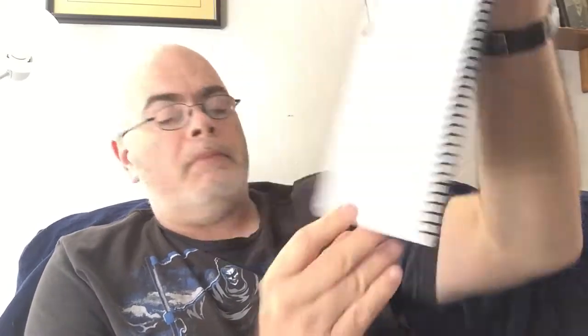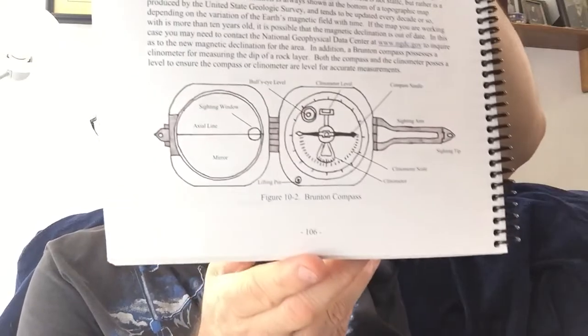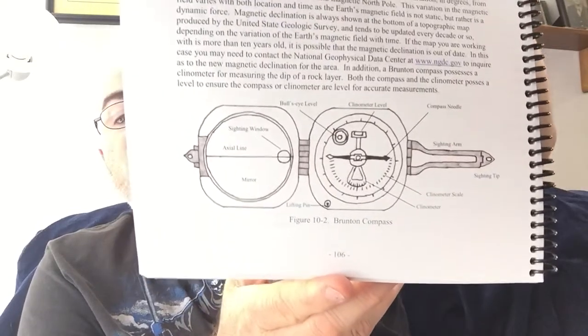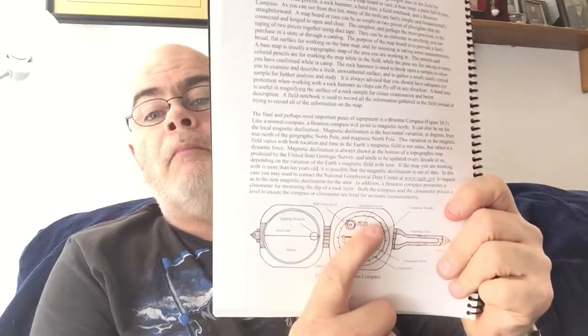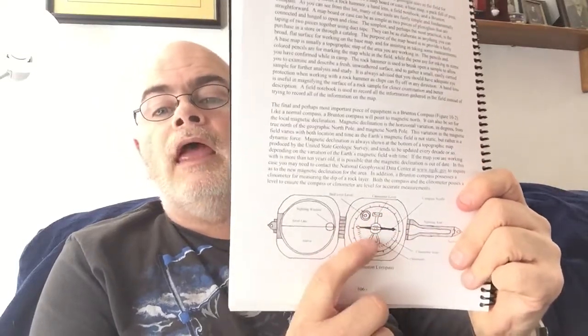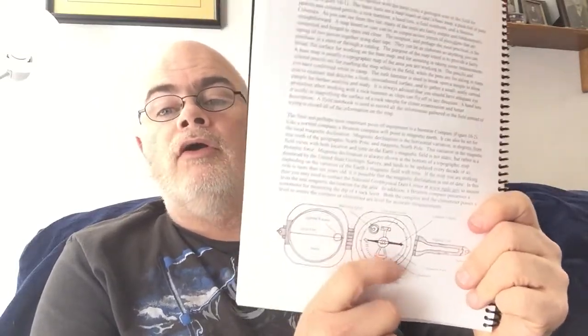In your lab book, page 106, bottom is a diagram I've made of a Brunton Compass. Okay, so a Brunton Compass has your normal compass on it. It has a bullseye level, so you can get it nice and flat. It also has what we call a clinometer level, a bar level basically, and this toggle down here, which allows us to measure angles.